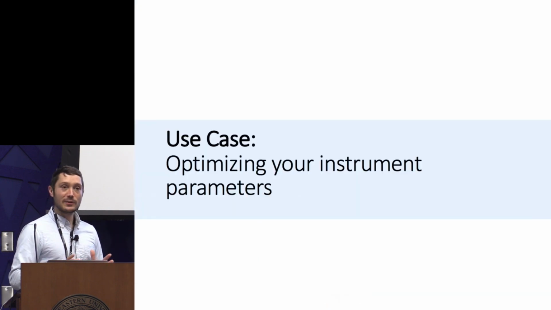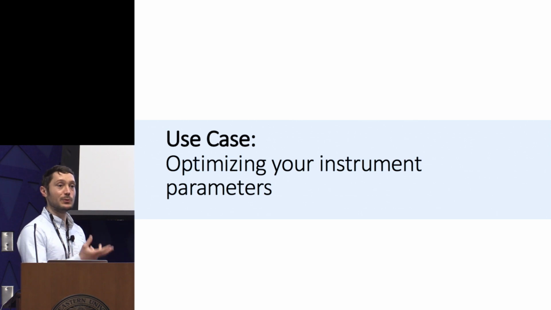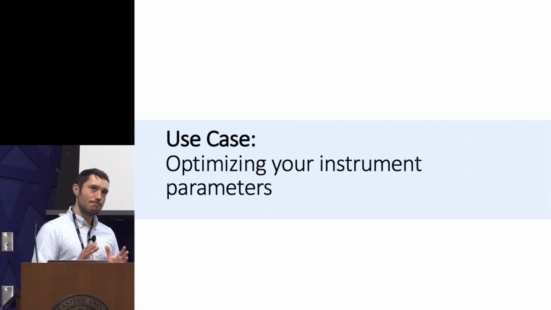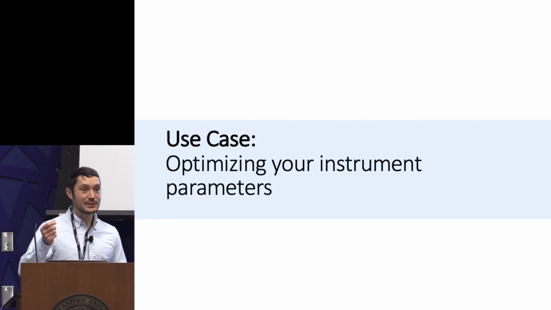So what we're going to do now that we've kind of built up a motivation for why to use reproducible samples and DoMS, we're going to talk a little bit about some of the ways that we've used this system to optimize our own system. So early on in the SCoPE series of experiments, we were kind of exploring the whole parameter space: 60-minute gradients, 90-minute gradients, 120-minute gradients, different gradient pitches, different buffers.